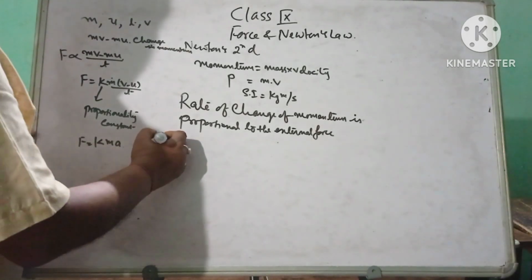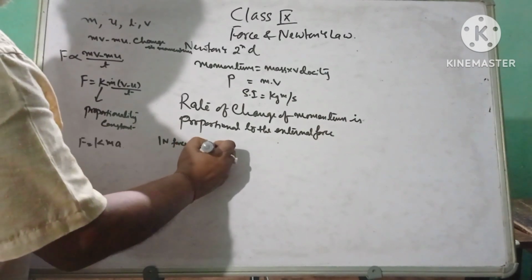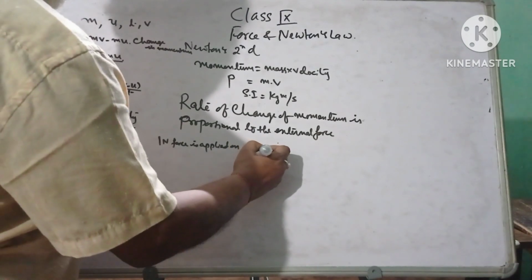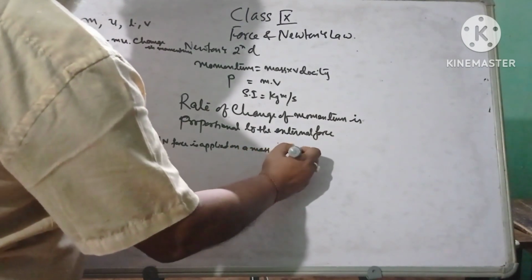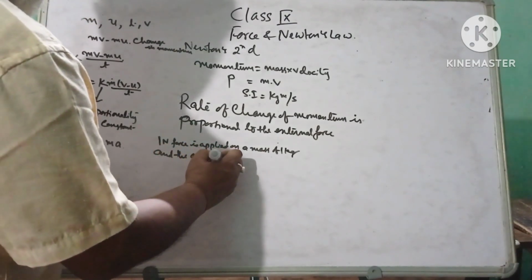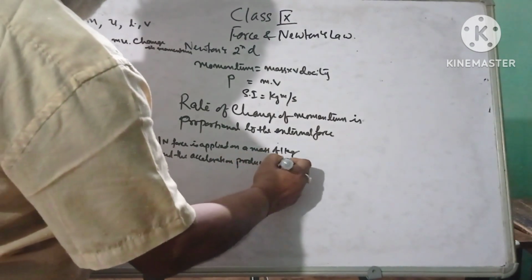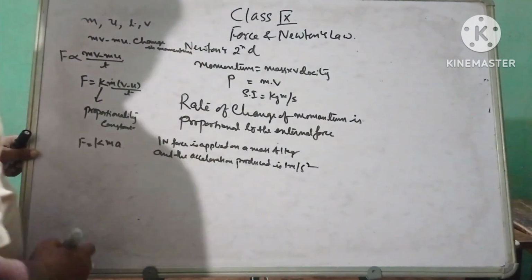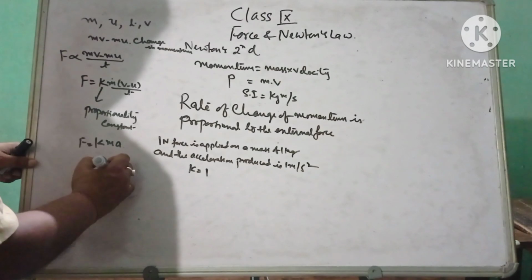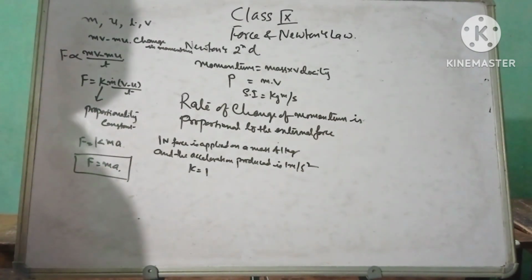Now if 1 Newton force is applied on a mass of 1 kg, and the acceleration produced is 1 meter per second square, then the value of k will be equal to 1 and F will be equal to ma. So this is the result we get from Newton's second law.